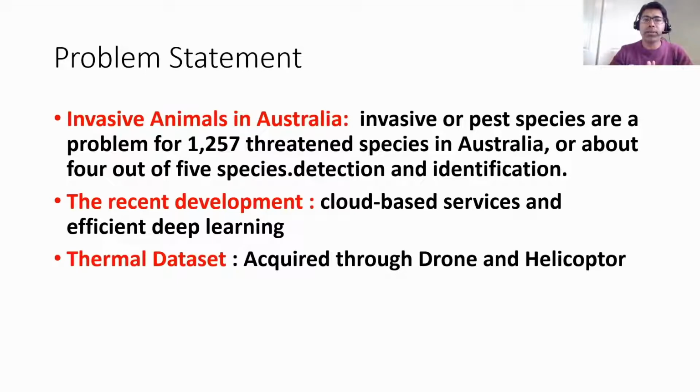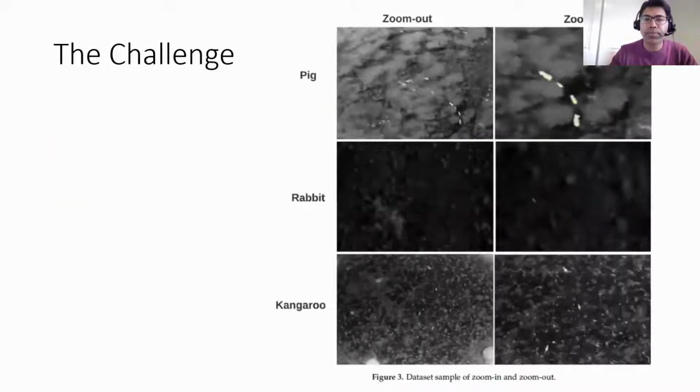The farmers have their own drones, they fly over and get all the videos and footage, but that footage is usually hours long. If you go through it frame by frame to identify how many animals are there and at what point, it's very labor intensive work. So can we use computer vision and AI to solve this problem?